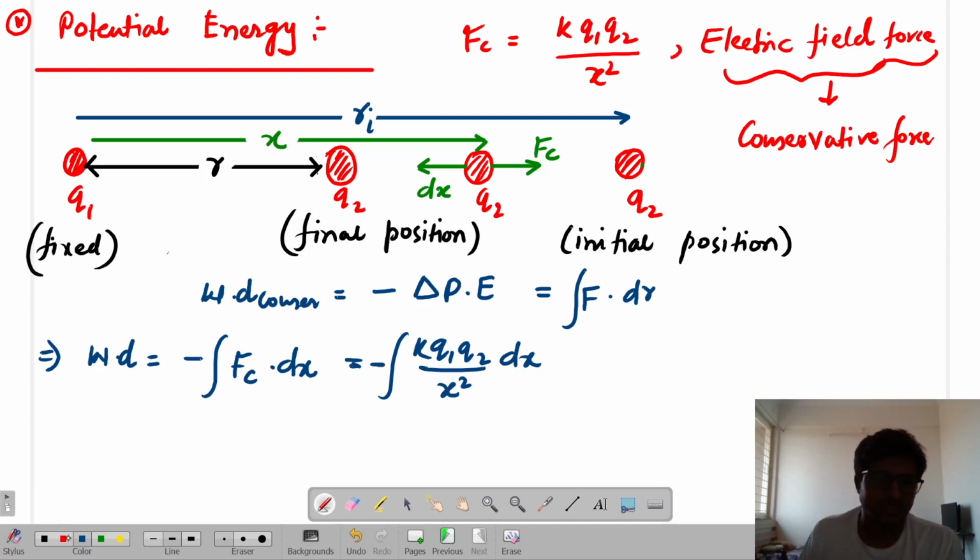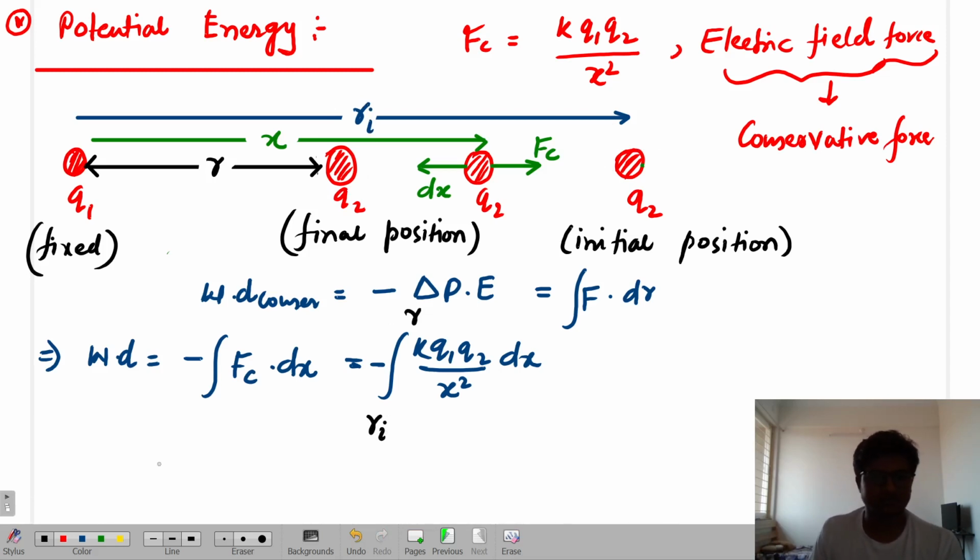But from where is this x brought? x is brought from this initial point to this final point, which is r initial to r. So when you solve it, what are you going to get?